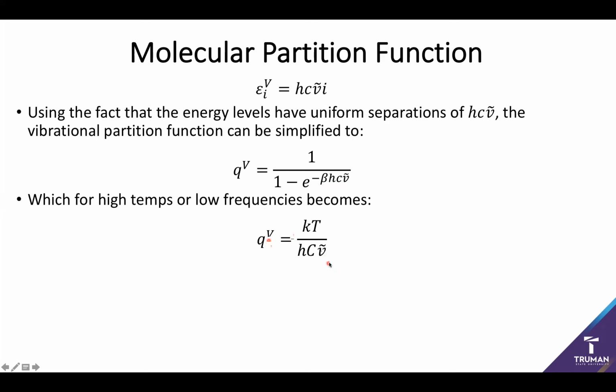So again, by simply knowing my vibrational frequency, either if I'm dealing with tightly packed energy levels, as demonstrated by low frequencies, so low separation, or high temperatures where we're able to overcome those low frequencies, you're able to get to the actual partition function.